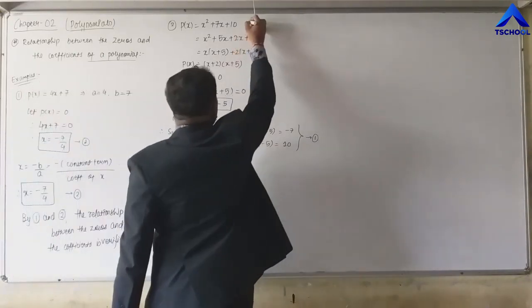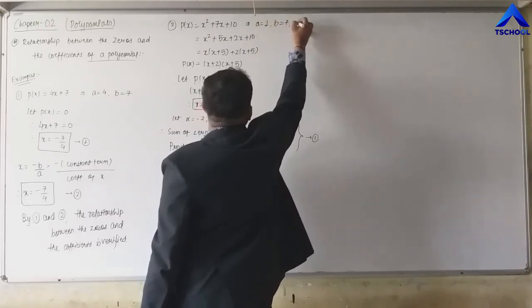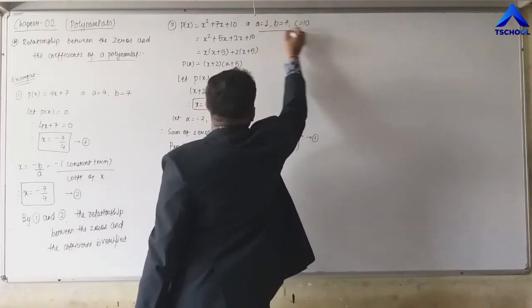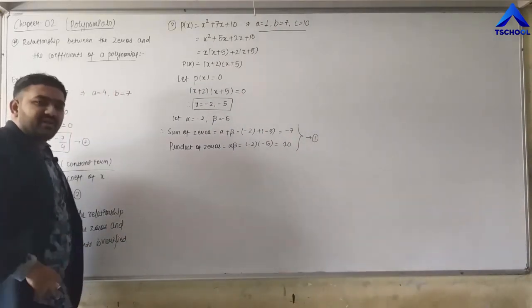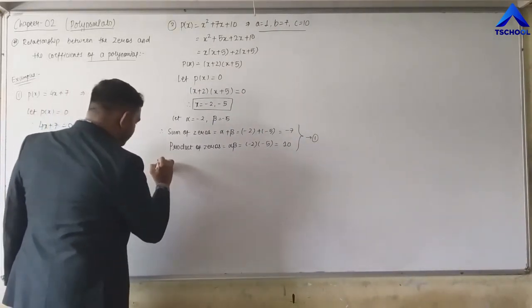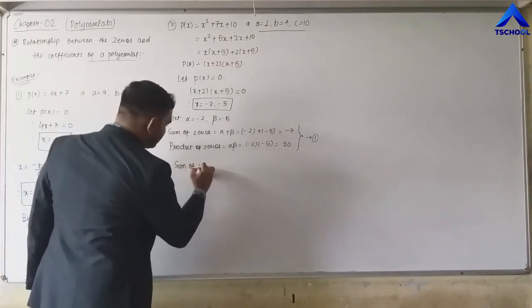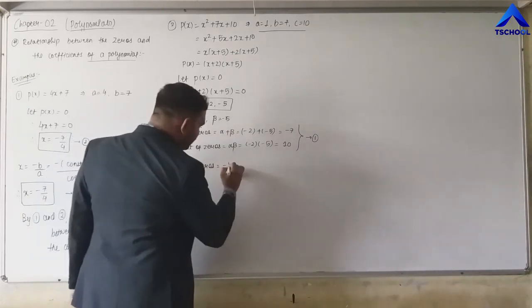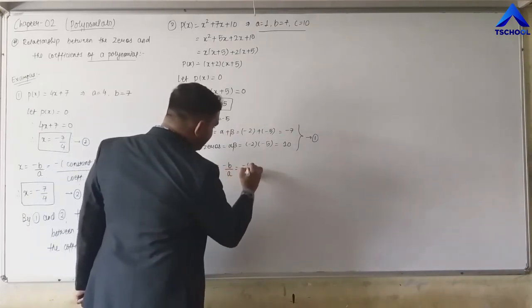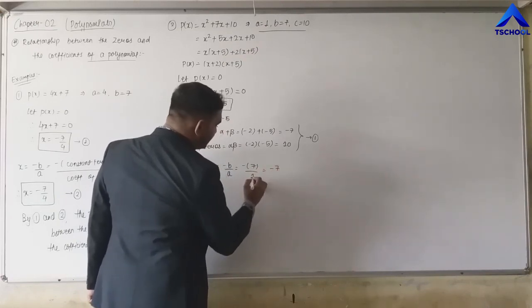So, for the coefficients we require a equals 1, b equals 7 and c equals 10 from the given polynomial. We require A, B and C. Also, the sum of the zeros for a quadratic polynomial is equal to minus b by a, that is minus of 7 upon 1, which equals minus 7.